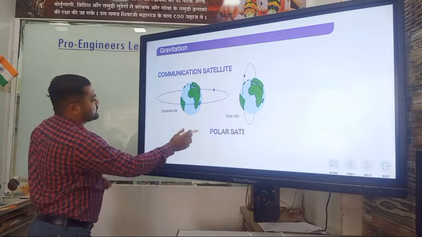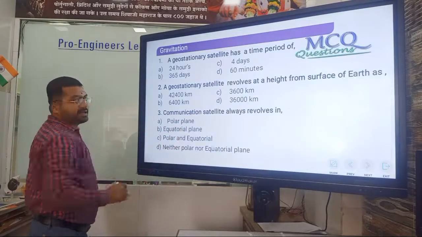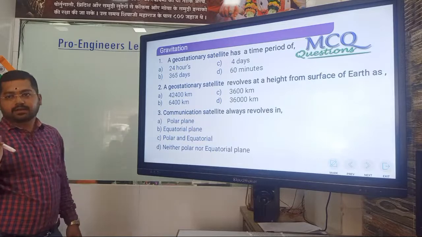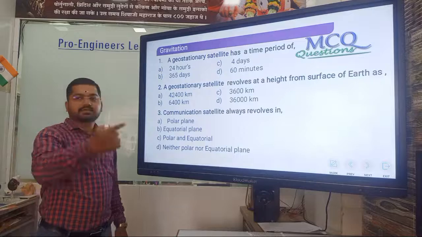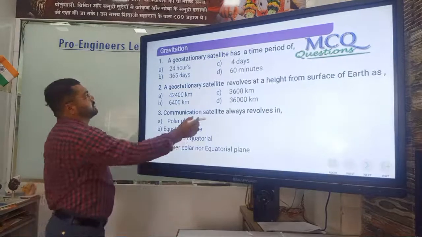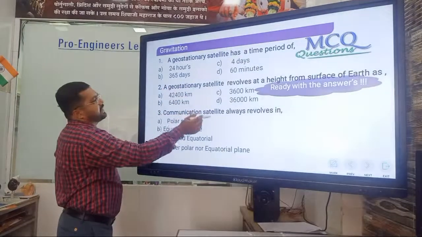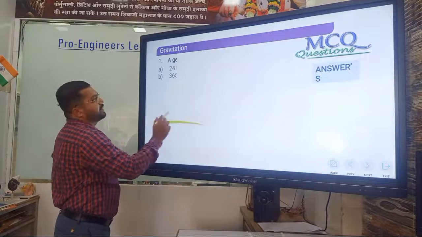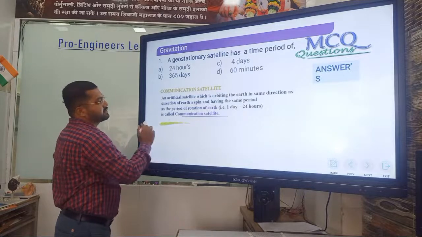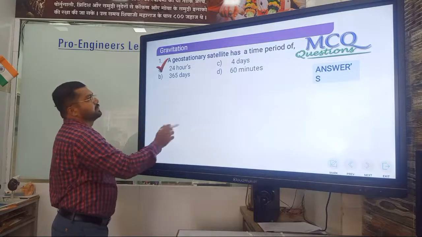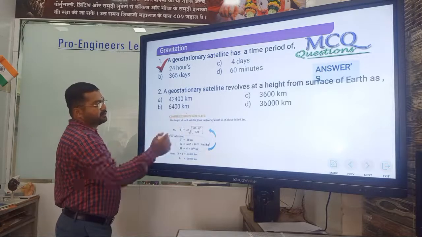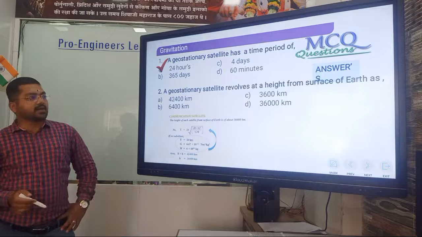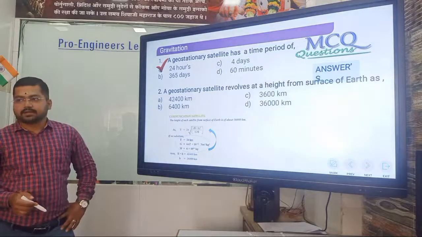And communication satellite and polar satellite, which we have studied: communication satellites are horizontally revolving and polar satellites are vertically revolving. So a geostationary satellite has a time period of 24 hours, right? Yes. A geostationary satellite revolves at a height of 36,000 kilometers, right?